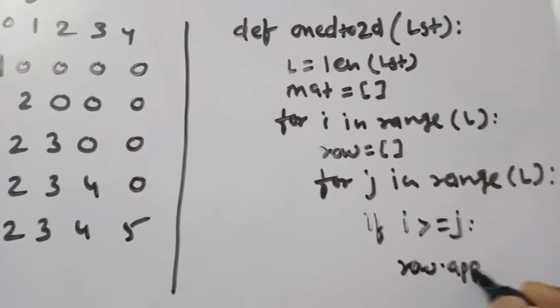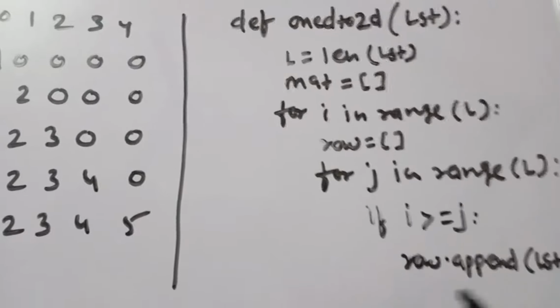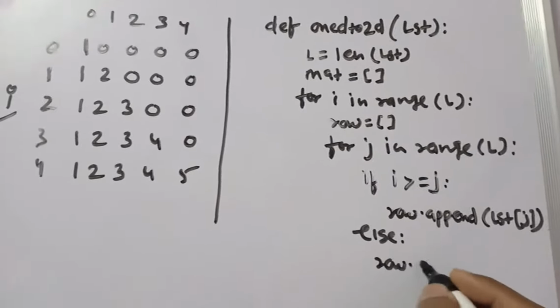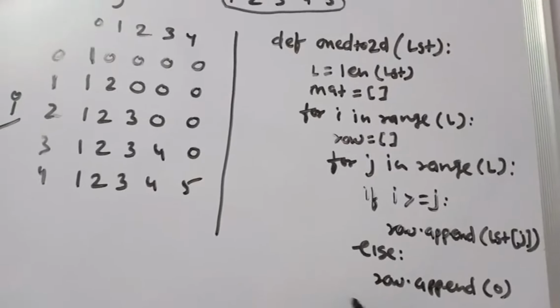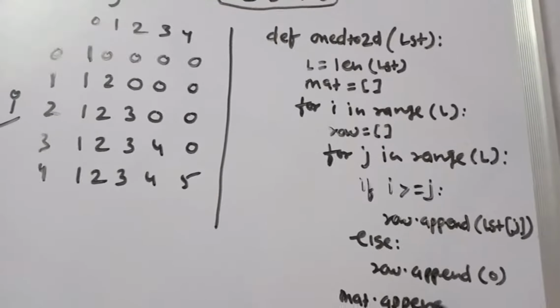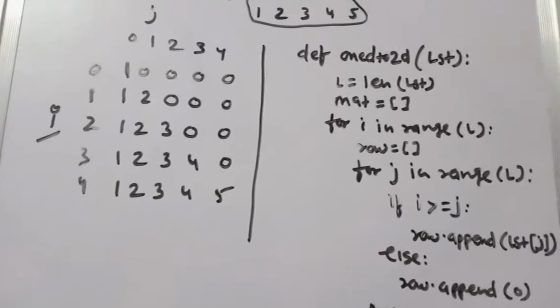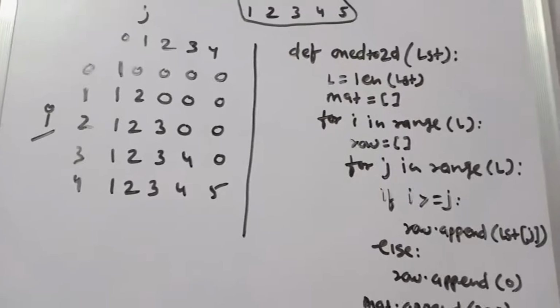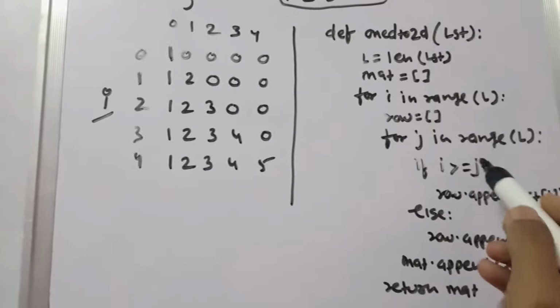So row.append(lst[j]), else row.append(0). mat.append(row): the whole row which is created is appended into the matrix there. And finally, we'll return the matrix. So this whole is the function shown here. I told you we'll discuss this condition.